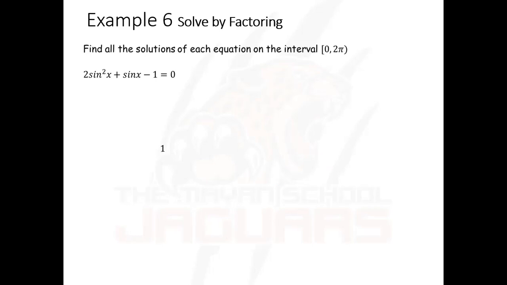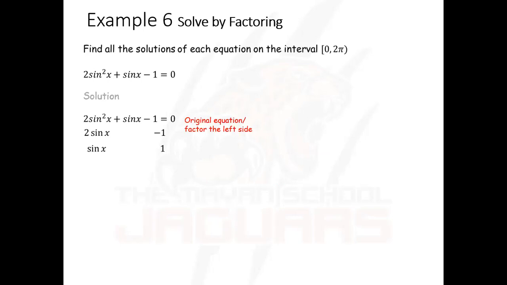So we're going to solve this equation by factoring, using the technique called trial and error or guessing method. Possible factors of 2 sine square of x would be 2 sine of x and sine of x. And for negative 1, it would be negative 1 and 1.